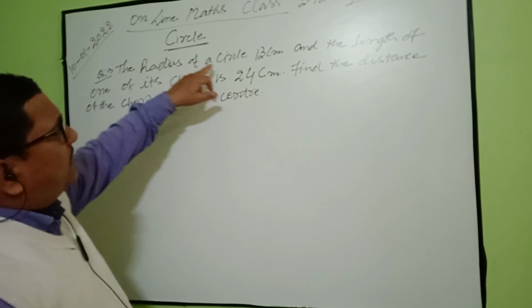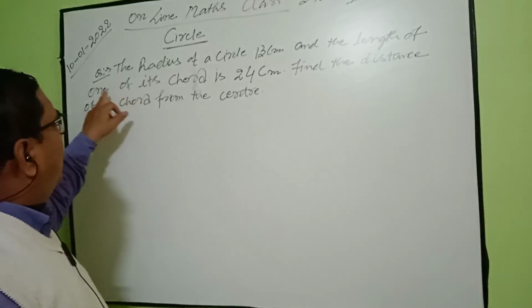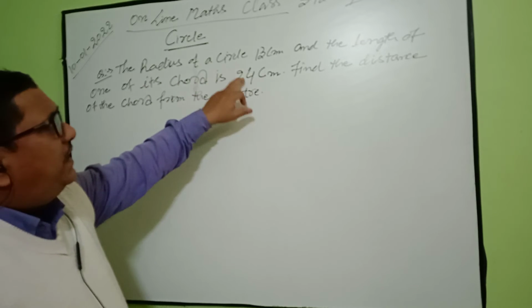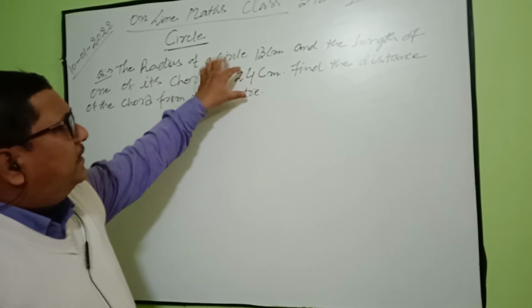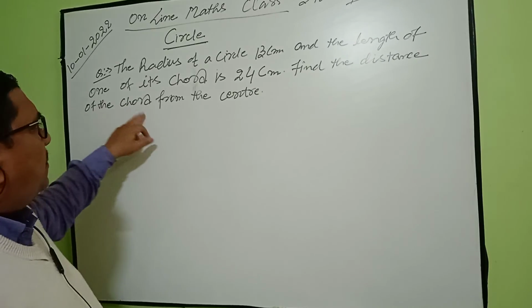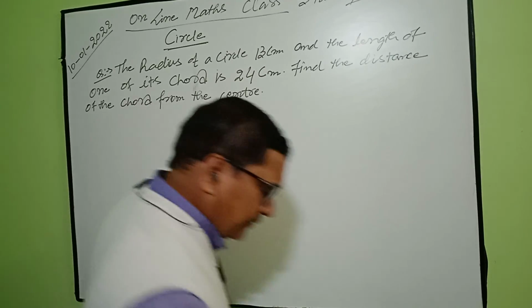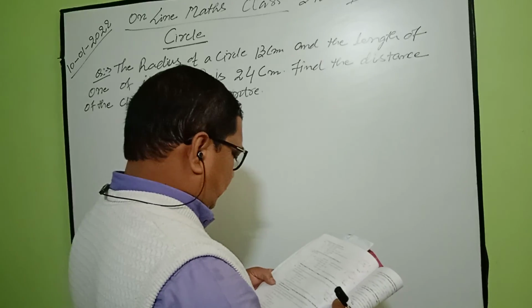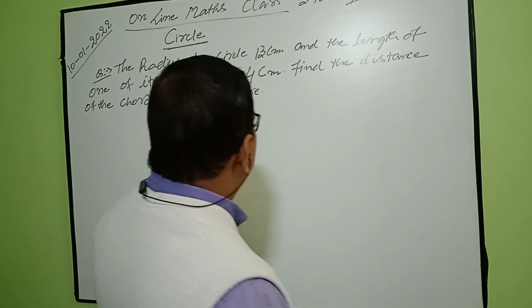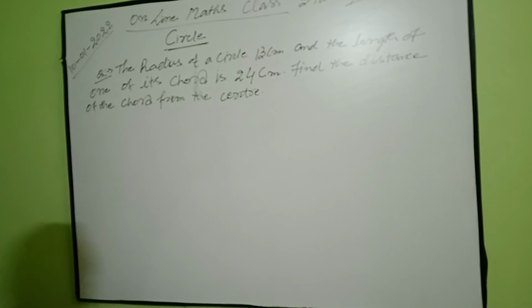The radius of a circle is 13 centimeter and the length of one of its chord is 24 centimeter. Find the distance of the chord from the center.